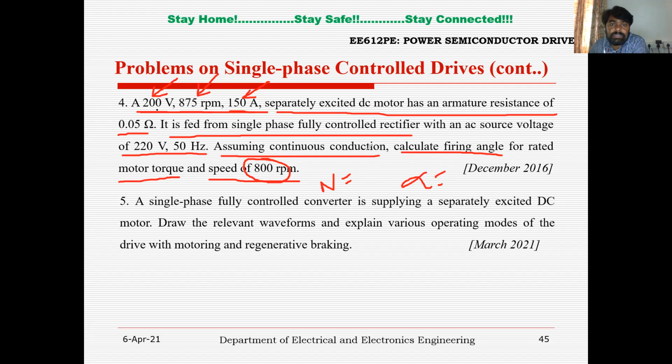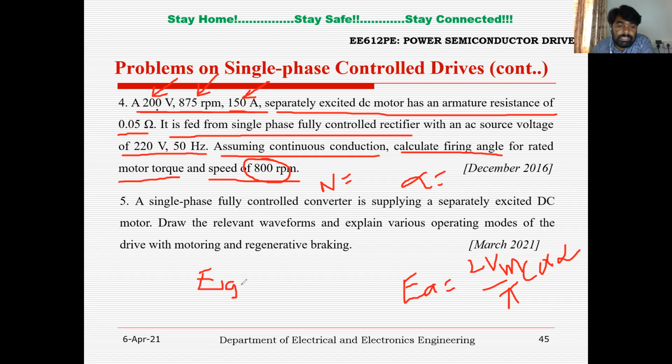Since it is a fully controlled converter, we know the average voltage is 2 Vm by pi into cos alpha, right? So calculate Ea from the Eg expression, because we know Ea equals Ia Ra plus Eg, right?